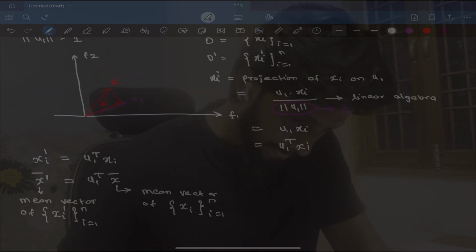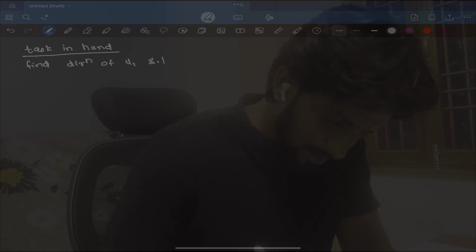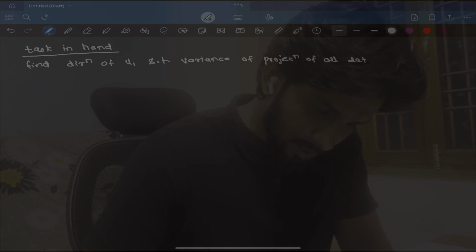Now our task in hand is to find the direction of u1 such that the variance of the projection of all data points on u1 is maximum.